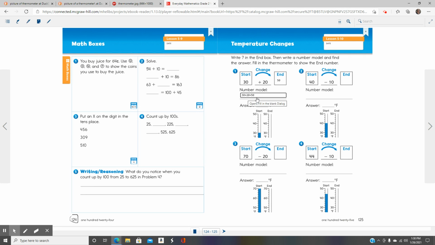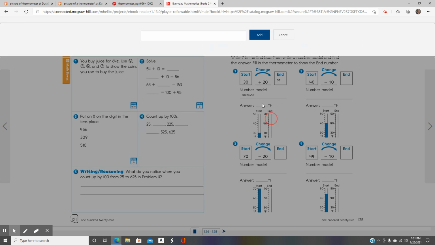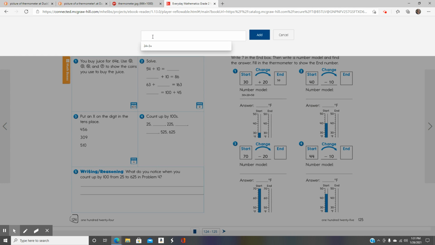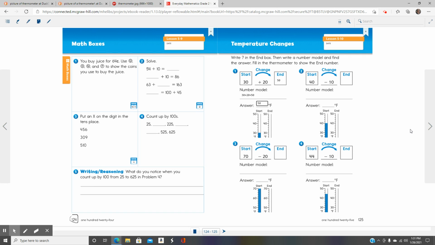That would be your number model. And then, of course, your answer is 50. Okay, now you're going to color this thermometer with your pencil to show an end number of 50. So you're coloring your thermometer from here all the way up to 50 because the temperature ended up being 50 degrees at the end.